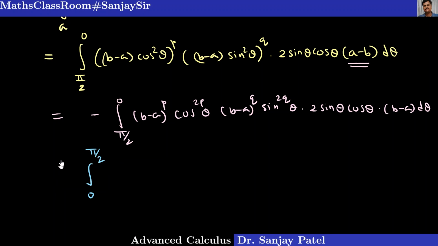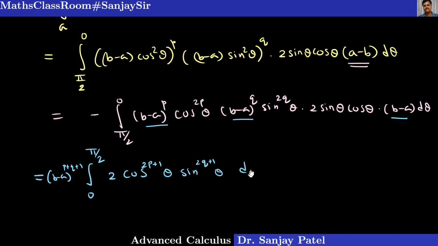So let me write like this. This is equal to, this is b minus a raised to p, b minus a raised to q, and this is b minus a. So it is b minus a raised to p plus q plus 1, correct? And the remaining thing, that is 2 into, we have cos raised to 2p plus 1 theta, then sine raised to 2q plus 1 theta d theta.